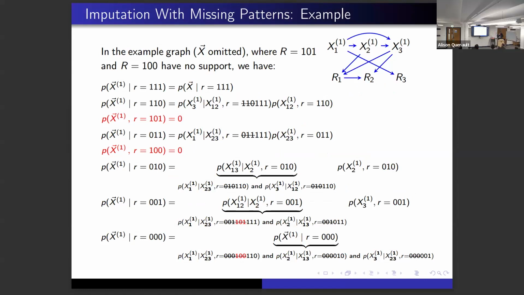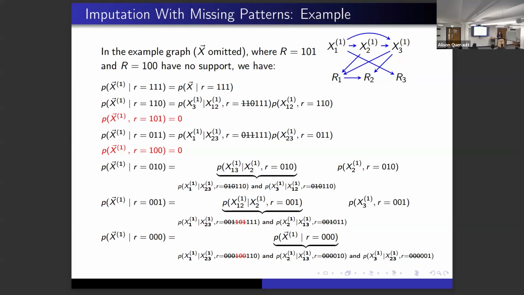And so what ends up happening is in 2 places, rather than look up a donor pattern with 1 more 1, in red, which I cannot do because they have no support, I just keep looking basically. And in this particular case, it happens that I could find a bigger pattern with more ones that does have support. So it's essentially the same idea, but I look harder for where to borrow information from.